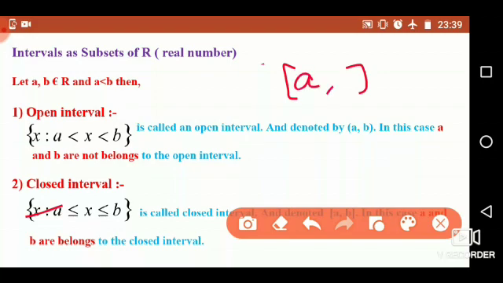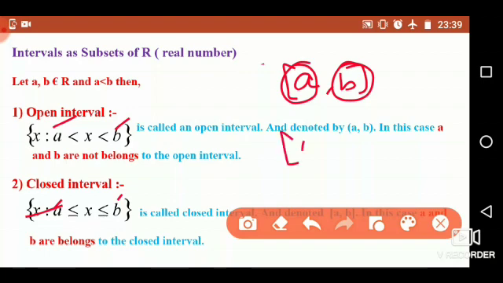The elements in this set are [A, B]. Such a set is called the closed set. In this case, A and B, both the boundary values, are part of the set. Both belong to the given set. Both are inclusive. In the open interval, A and B are exclusive. In the closed interval, A and B are inclusive.